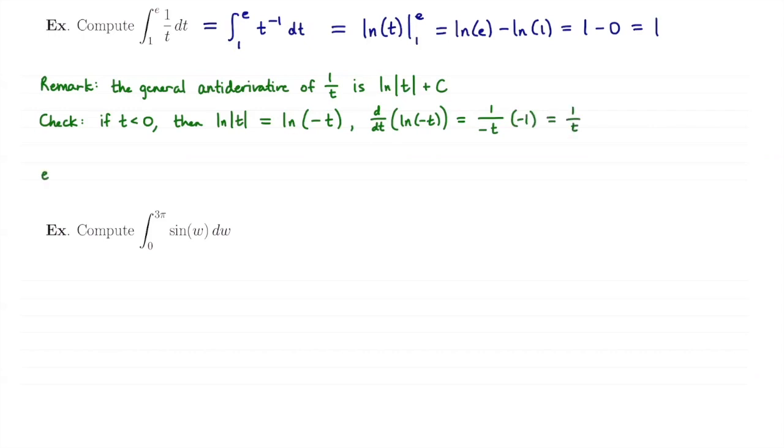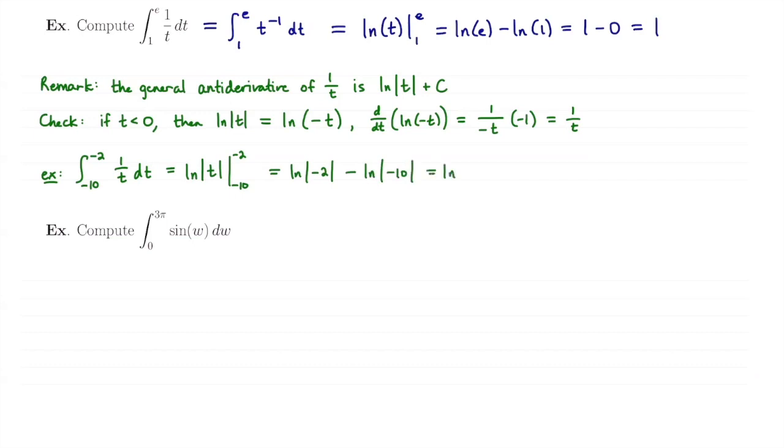Okay, so for example, if I wanted to compute the integral from -10 to -2 of 1 over t dt, then that would be natural log of the absolute value of t evaluated from -10 to -2. Now I plug -2 in first. I get natural log of the absolute value of -2 minus natural log of the absolute value of -10.